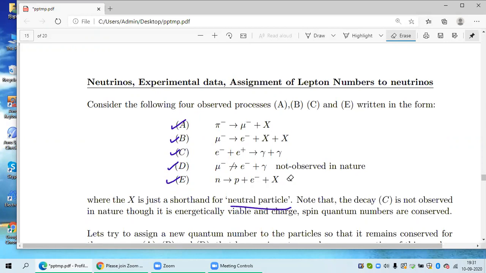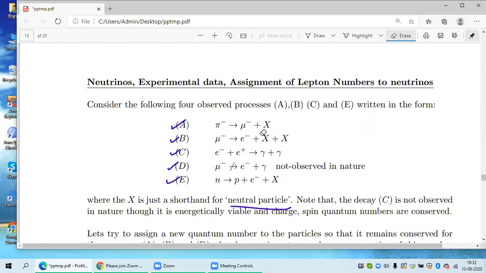From experiment, we can also measure the mass of the unknown particle like X. You can't measure the mass of this particle X from experiment. First thing is that you can't see this particle.